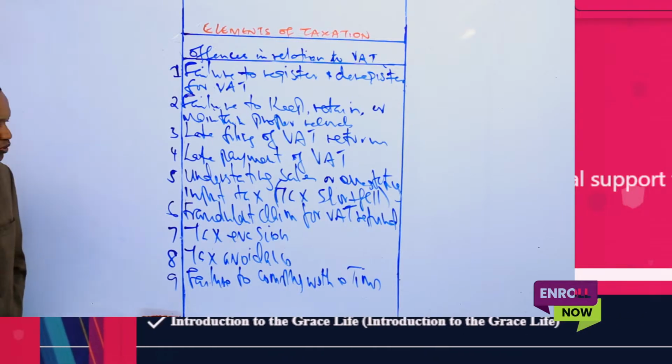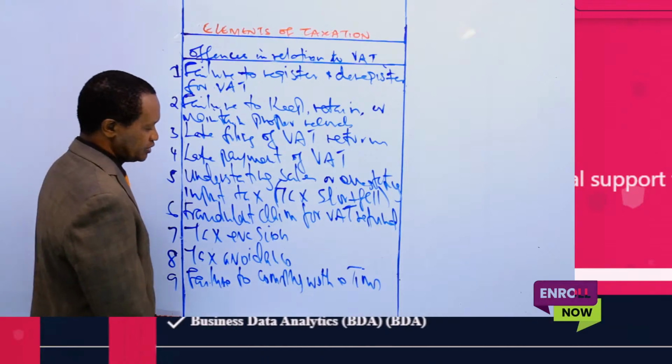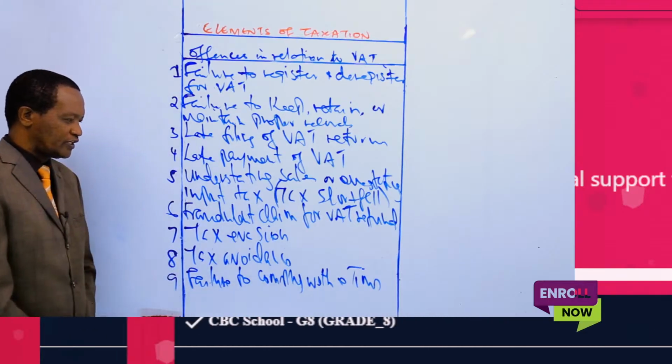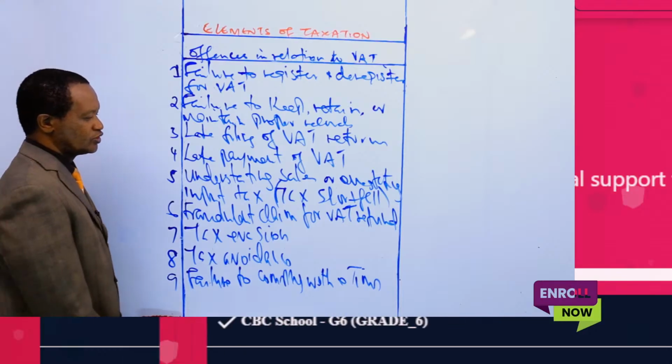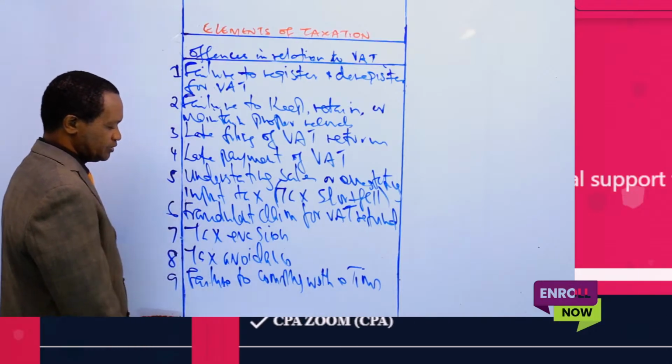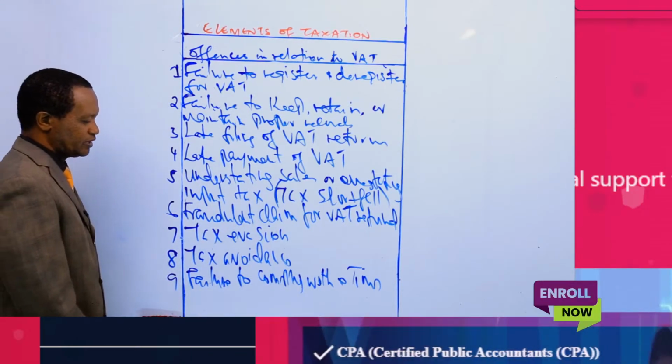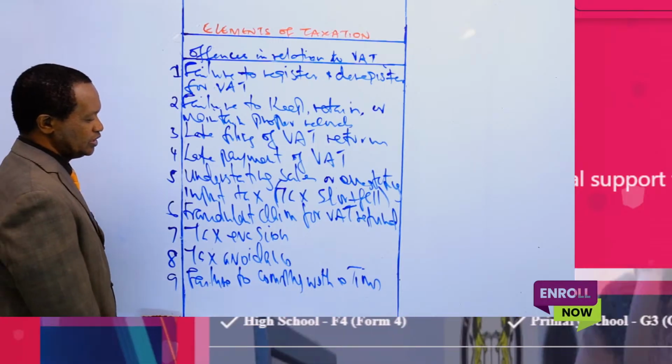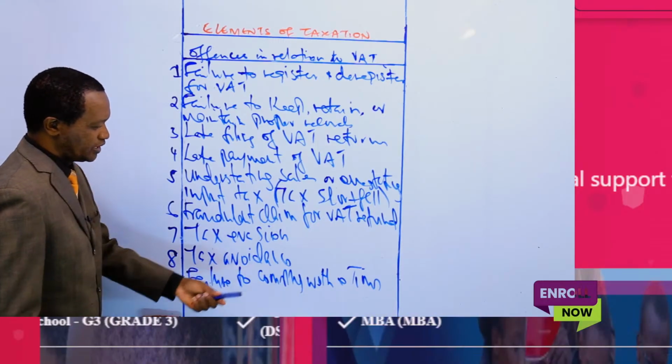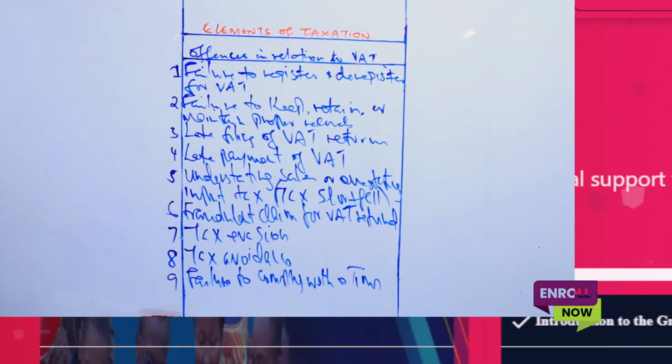So if one fails to comply with the e-TIMS and does not provide satisfactory reasons why they are not complying, then that can attract a penalty of 100,000 shillings within 14 days. So failure to comply with e-TIMS is an offense.